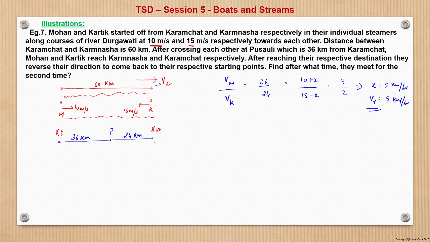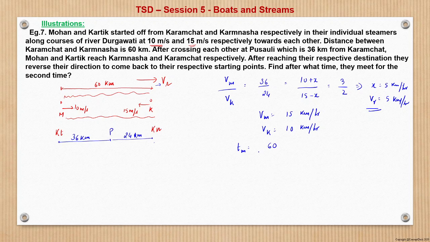Now see what happens when they meet. What is the velocity of Mohan? That is 10 plus x, which is 15 kilometer per hour, and velocity of Karthik is nothing but 15 minus 5, which is 10 kilometer per hour, right? So time of meeting will be what?